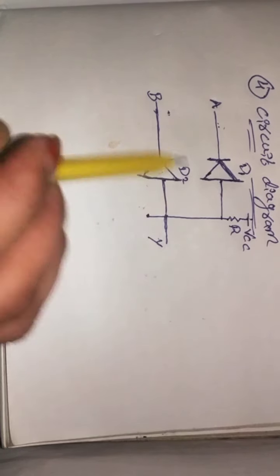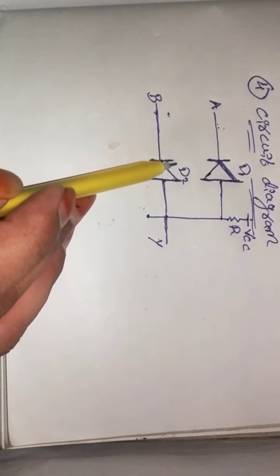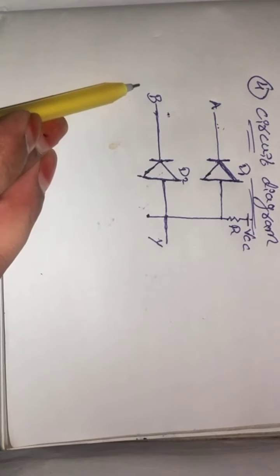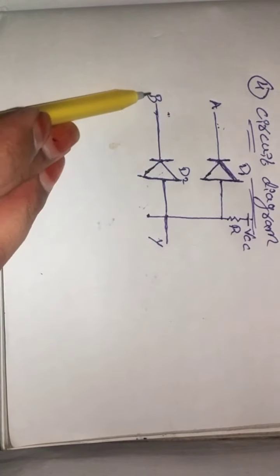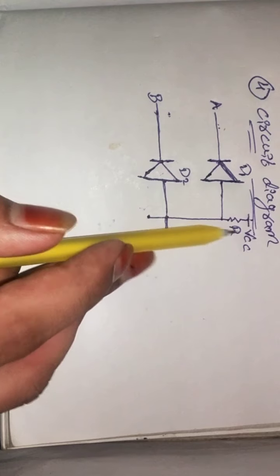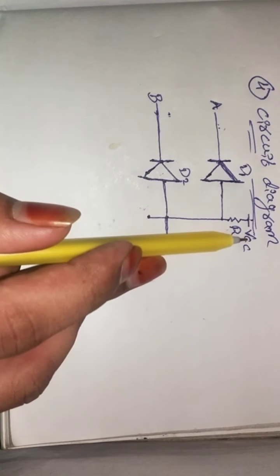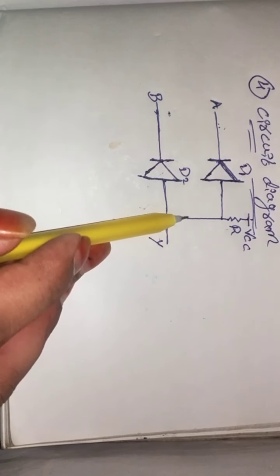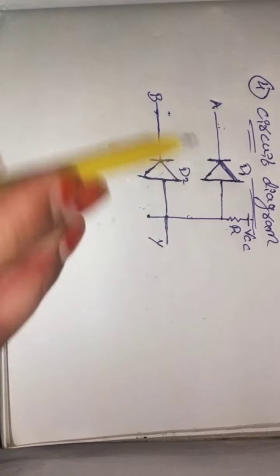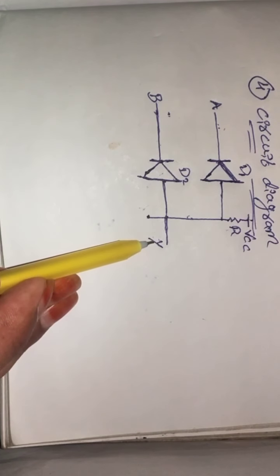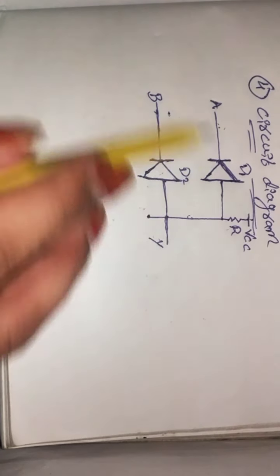Here D1, D2 are the 2 diodes, A, B are the variables of the two diodes, and R is the resistance, VCC. That means voltage common collector. This is the anode, this is the cathode, and Y is the output of this circuit.